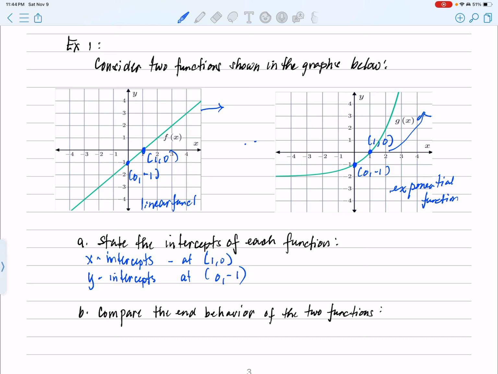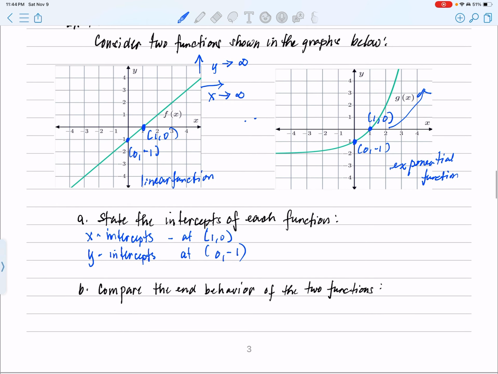Going to the right, as x approaches positive infinity, going up here, y approaches positive infinity. Well, on the left side, x now approaches negative infinity, going that way. Going down, y approaches negative infinity.